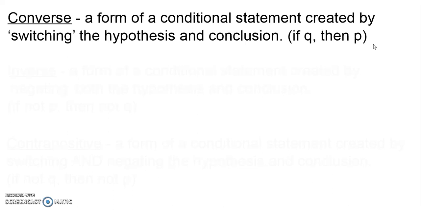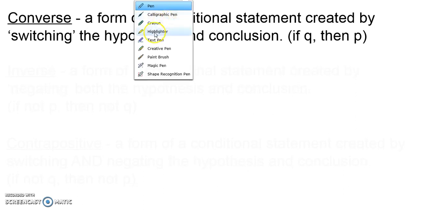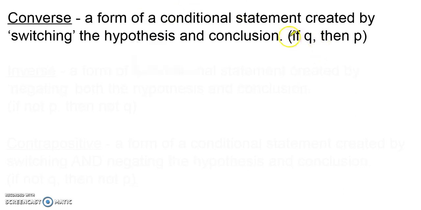The converse is taking the conditional statement and switching the hypothesis and conclusion. So instead of saying if P then Q, we say if Q then P. We'll go over examples of all of these. I want you to take your highlighter and highlight that if Q then P part.